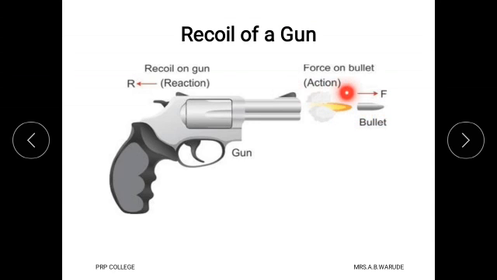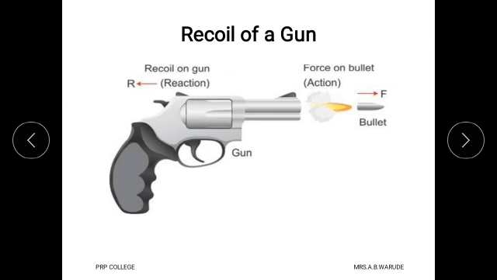This is called the action. But at the same time, the gun moves in the backward direction, and this is called the reaction. Therefore, this is an example of Newton's third law of motion, an application of the law of action and reaction.